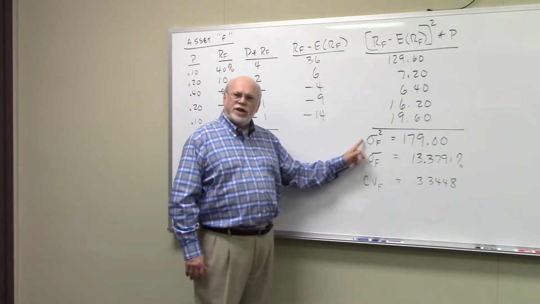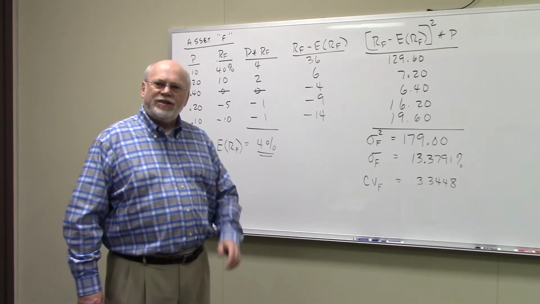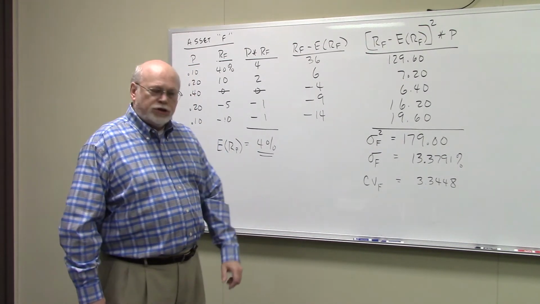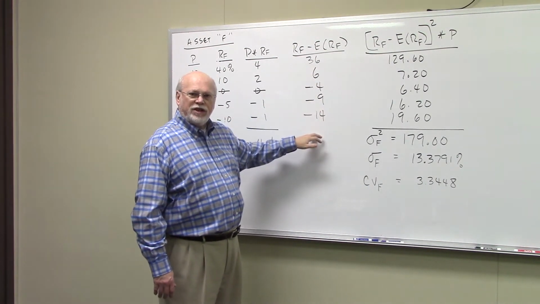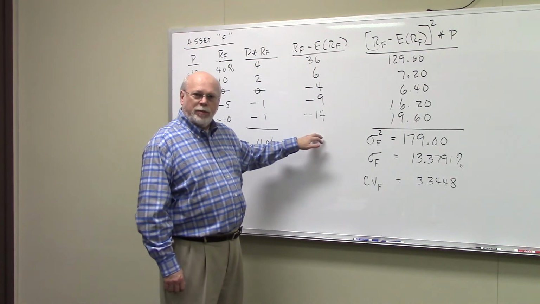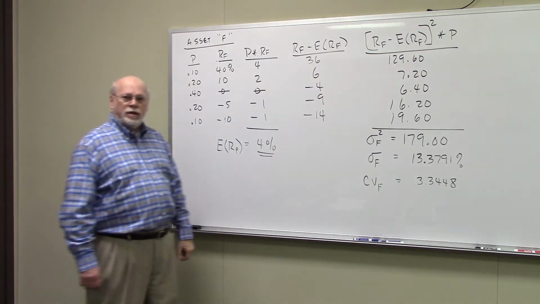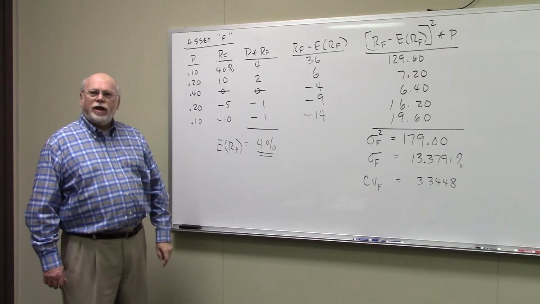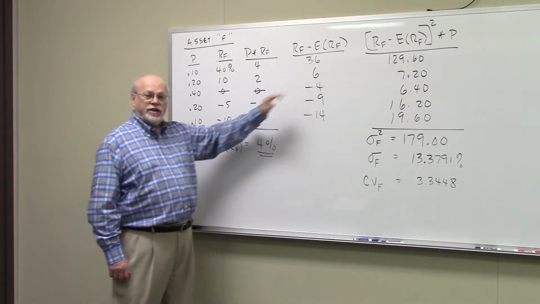The first statistic we're going to calculate now, this is variance. Variance is defined as the mean of the squared deviations. So we're going to take the deviations for each observation here, square it, and then multiply it by its probability of occurrence. So for instance, 36 squared times 0.1 is 129.60. 6 squared is 36.